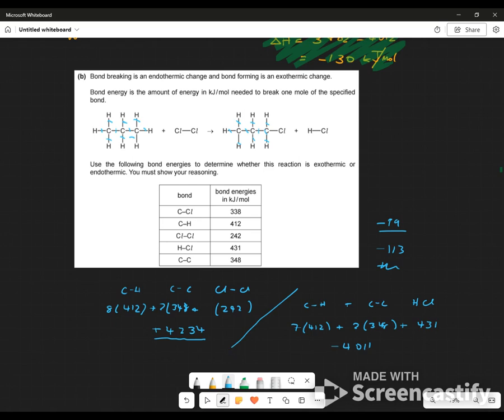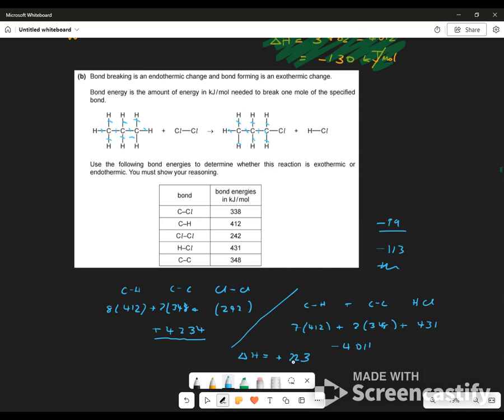So delta H is equal to that number, 4234 minus 4011. I get endothermic 223.